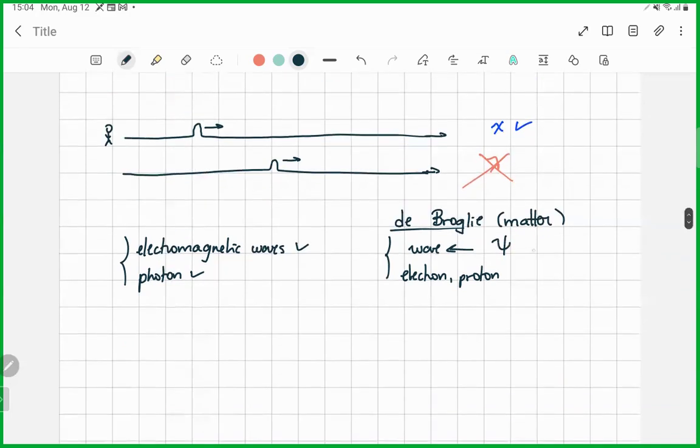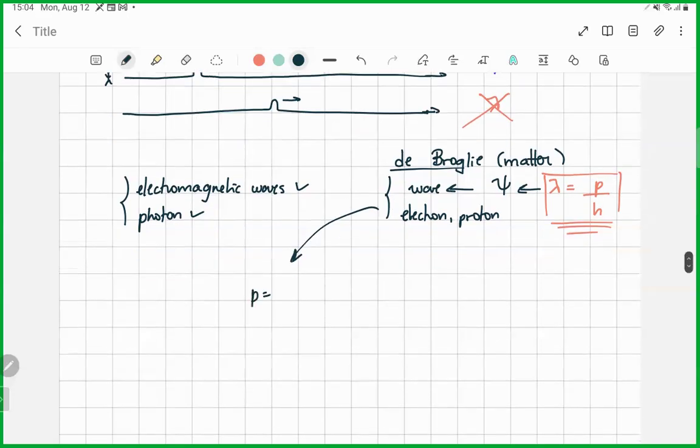And the wavelength of this wave is related to the momentum of the particle. So this is something that you may have learned in a course on modern physics. Okay, so conclusion of this story. Now, momentum and wavelength are related.